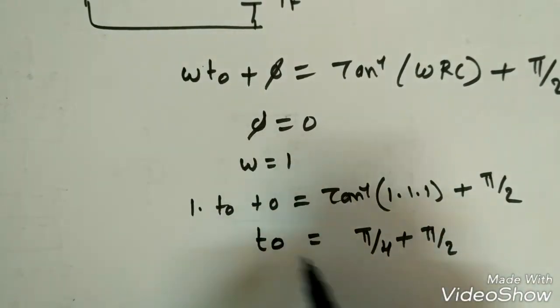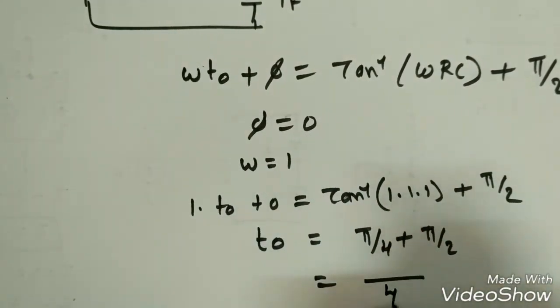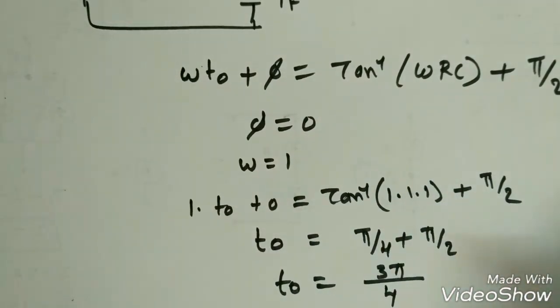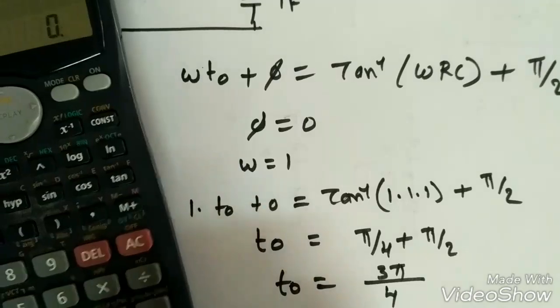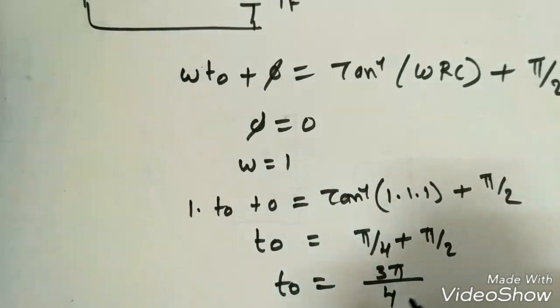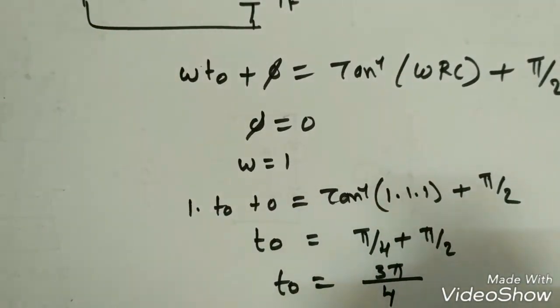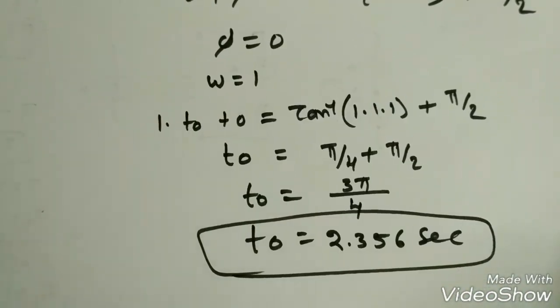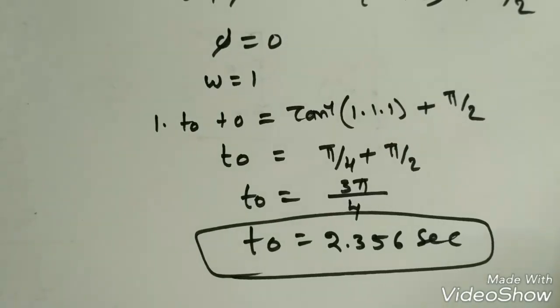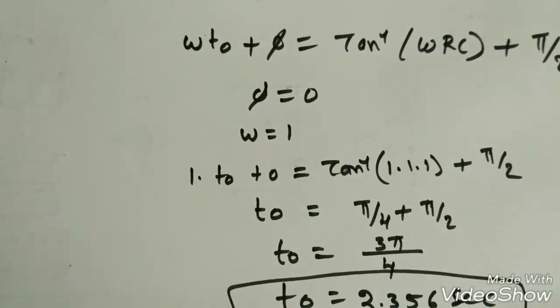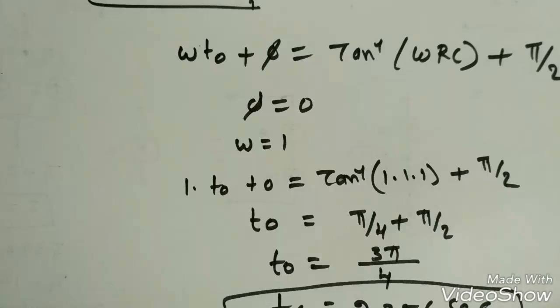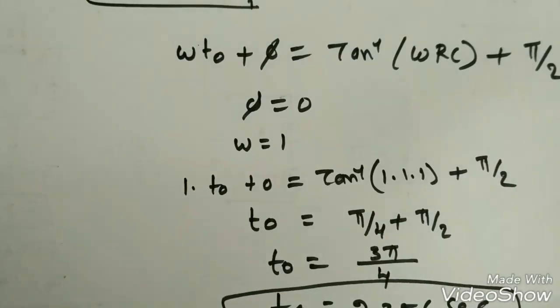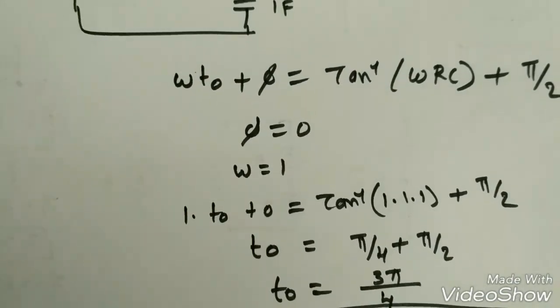So this is t naught, which is 3 pi by 4 seconds. It is very simple to find: 2.356 seconds. That means when t naught is equal to 2.356, we will get the transient free condition, 3 pi by 4.